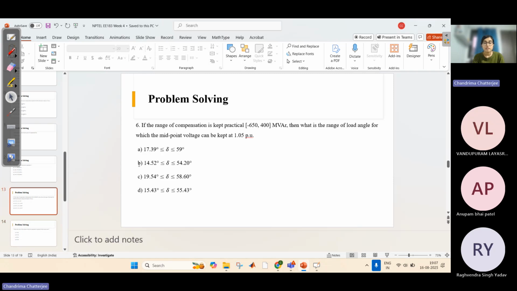So I guess option B is the correct one, right? Option B. Okay.